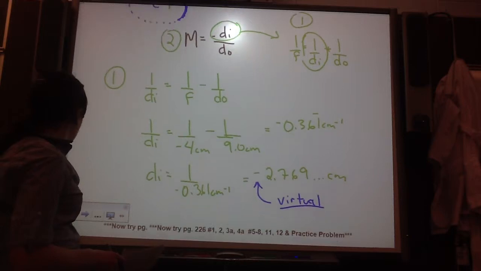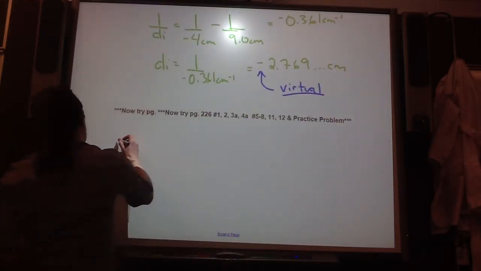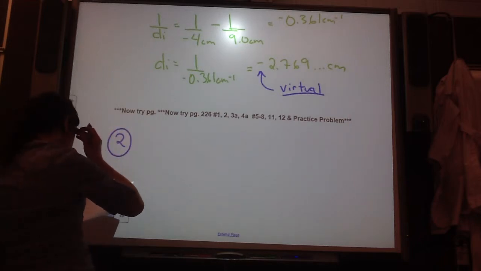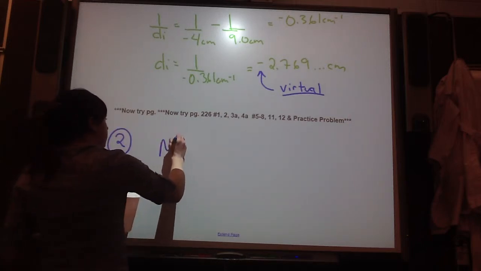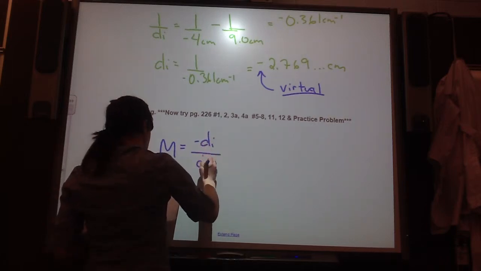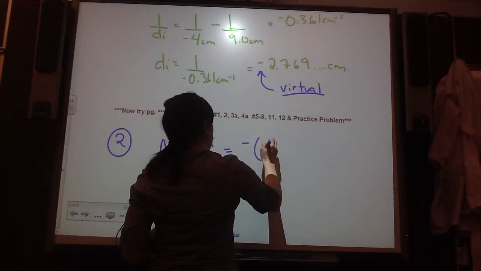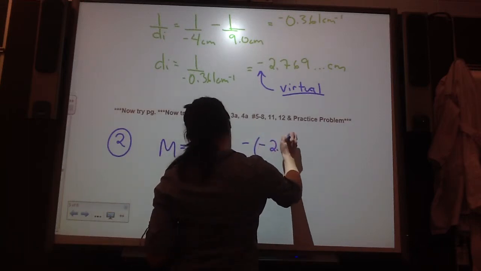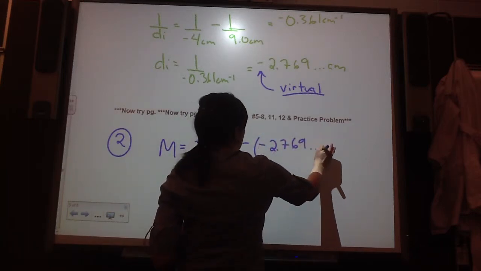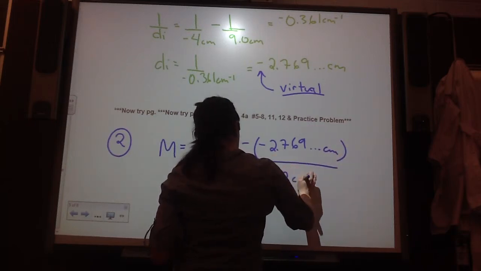I'm running out of space here, so I'm just going to move down. So now I can do step 2. Step 2 is big M is equal to negative DI over DO. So that's equal to a negative times a negative, which is 2.796, etc. centimeters, all divided by 9.0 centimeters.